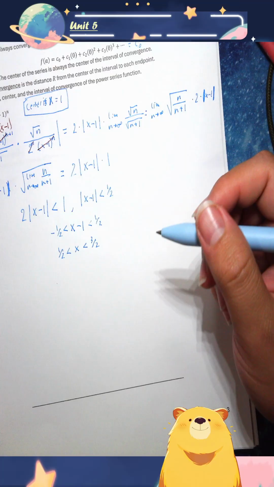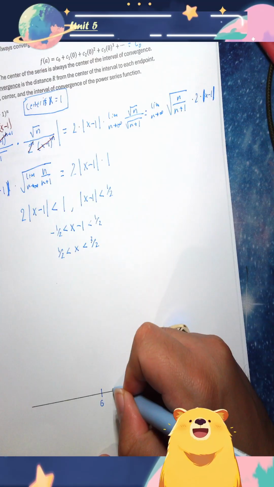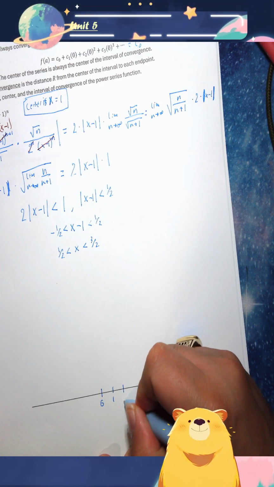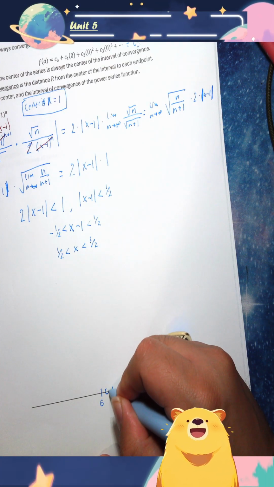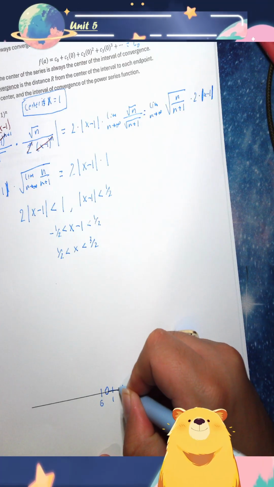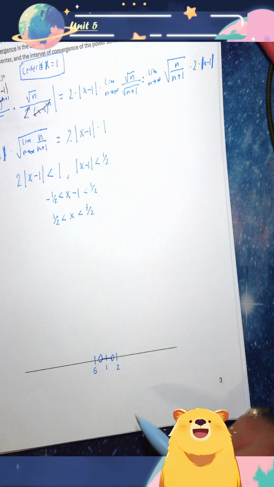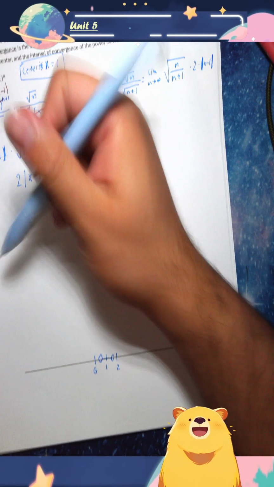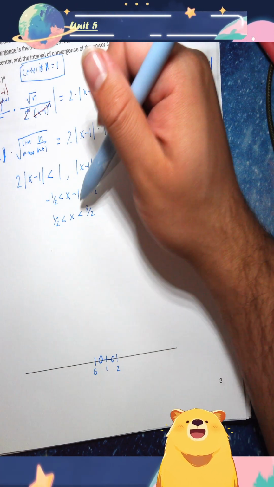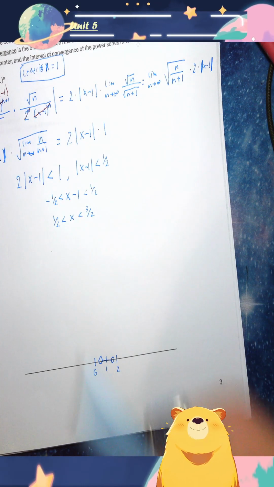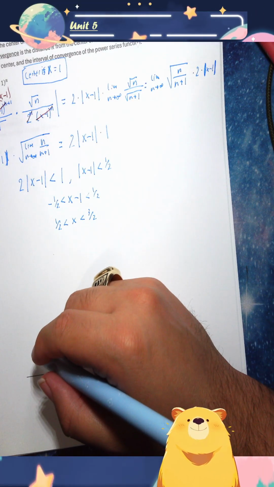Okay, so on the number line, if we do 0, and if we do 1, and if we do 2, then our interval would be from here to here. And we can see how the radius is like 1, so half of 1 is 1/2. Now, the only thing we have left to figure out is what happens when x is equal to 1/2 and x is equal to 3/2.